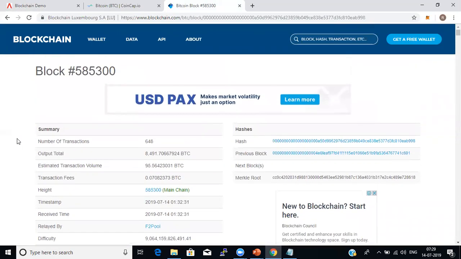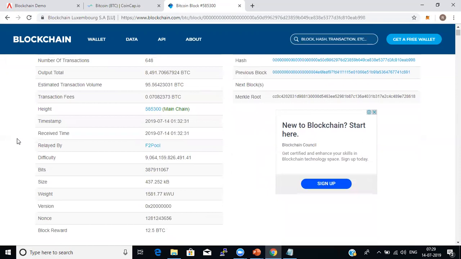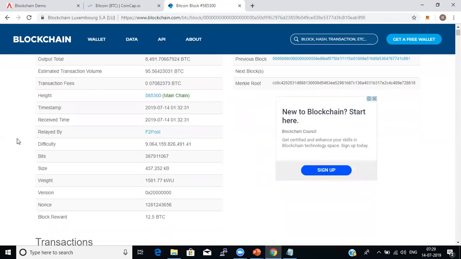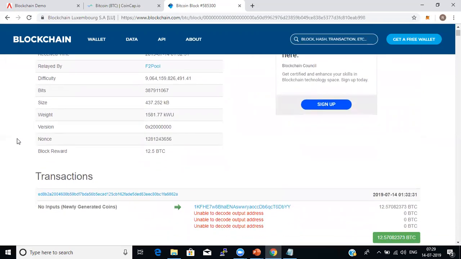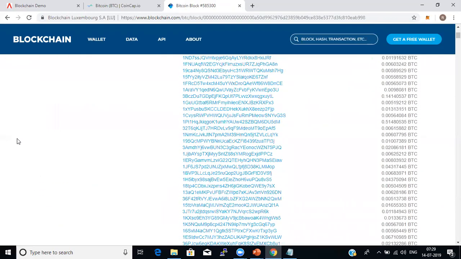There are about 585K blocks, and all these blocks were created by individual miners. If you want, you can see the miner details also, but you cannot identify who that particular person or miner is.